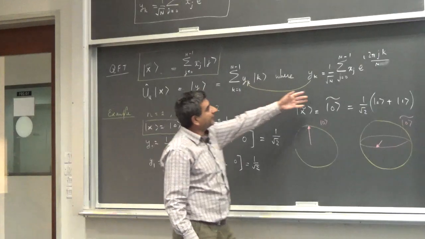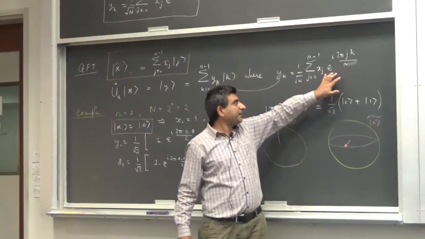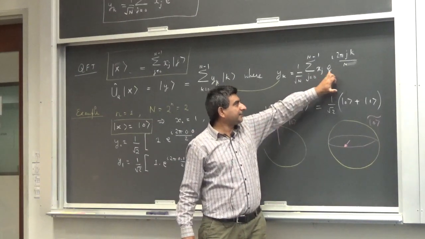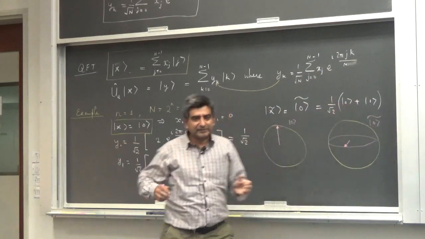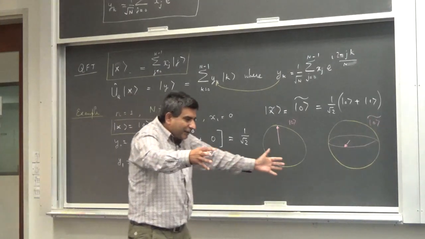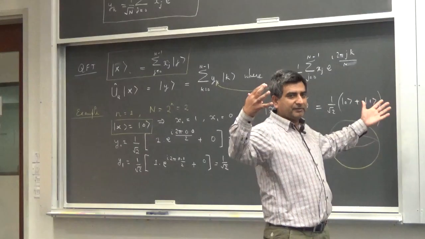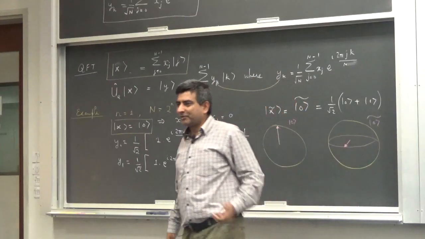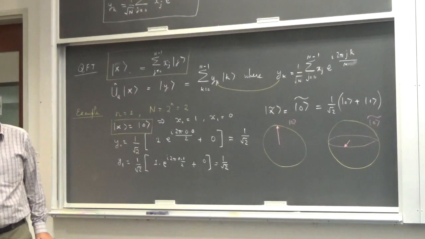If you look at this formula here for a discrete Fourier transform, these are phases that are being multiplied to the coefficients and then you take the sum. So this is like a flowering action. A state comes in, it spreads out, and each component that is spread out picks up a phase. Now this phase becomes really important when you want to do certain quantum algorithms, because everything lies in the phase, as you might have imagined by now.